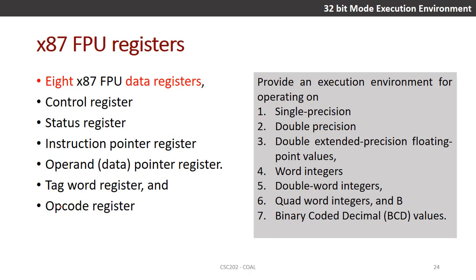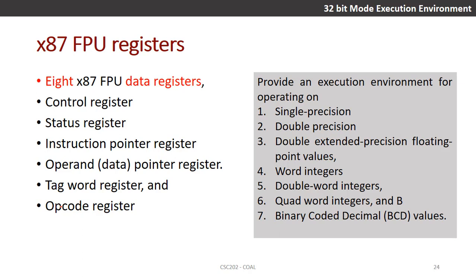Okay, there are a few new things that we are going to study from the processor perspective, and the first thing you'll see now is the floating point unit. In IA-32 based processors, there is a floating point unit, x87. A floating point unit executes floating point instructions, and this is a complete component on the microprocessor, with a separate set of registers.